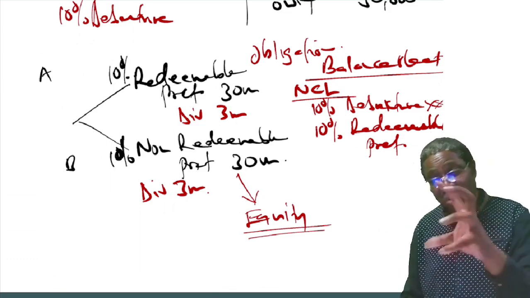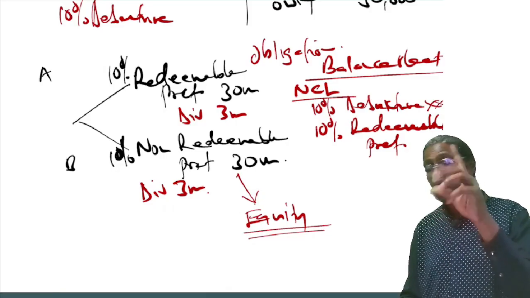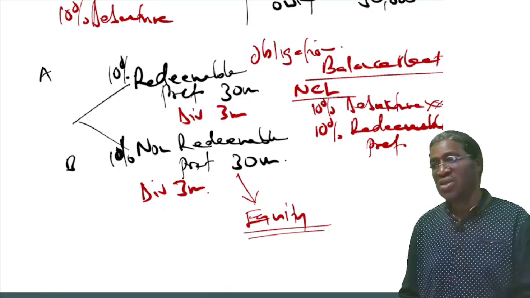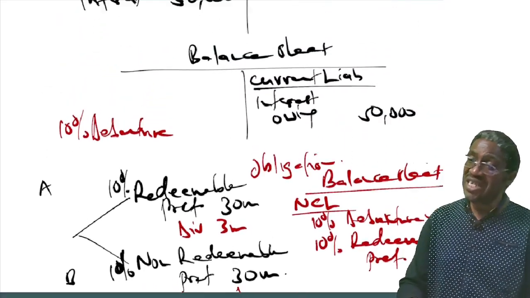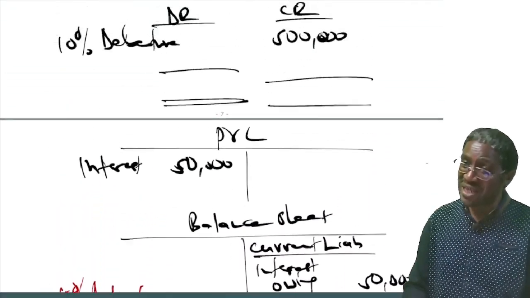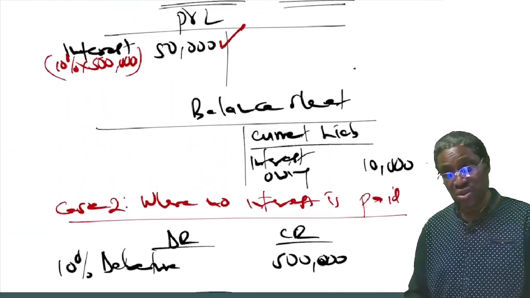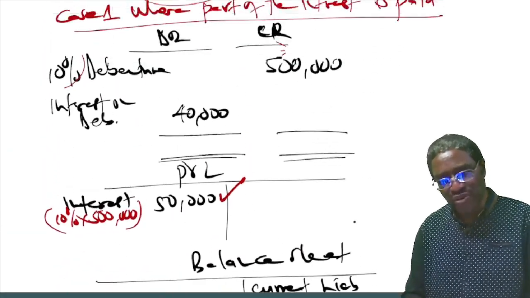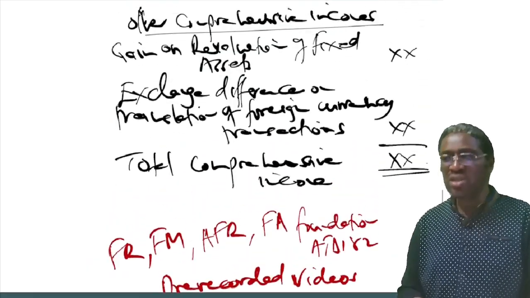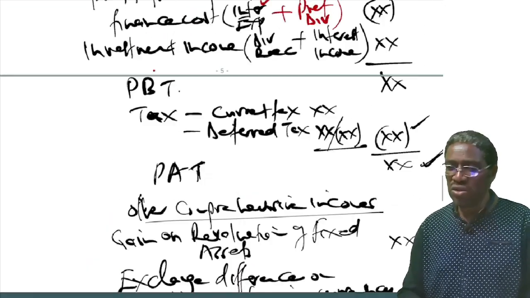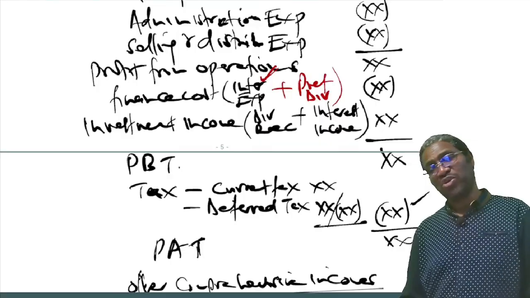So, together with the interest on debenture, you could also have what we are calling preference dividend as another example of a finance cost. But which kind of preference shares? Only on the redeemable preference shares.